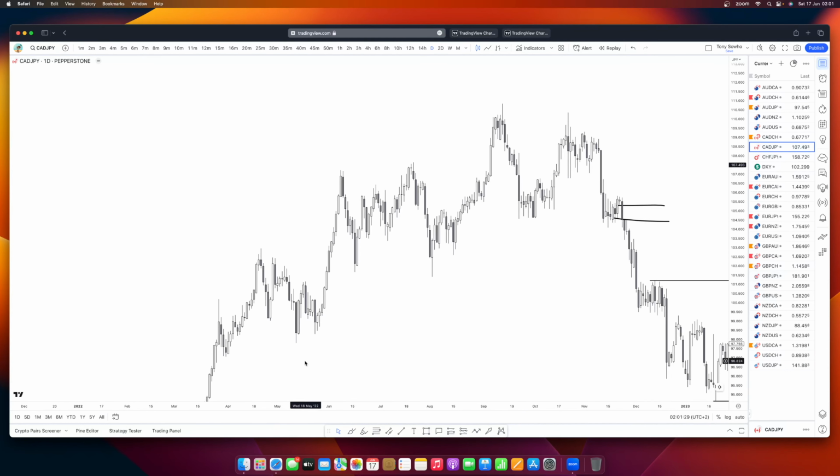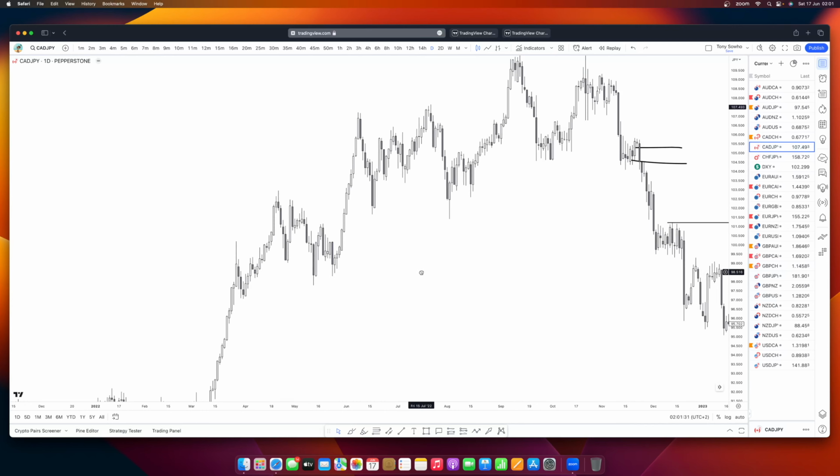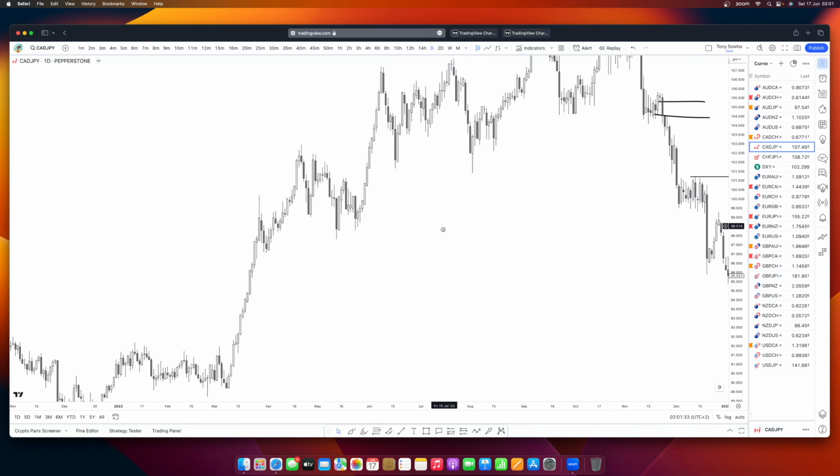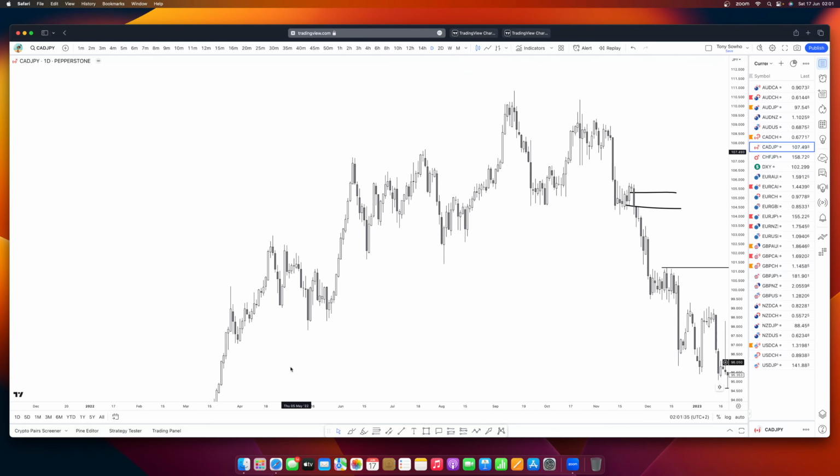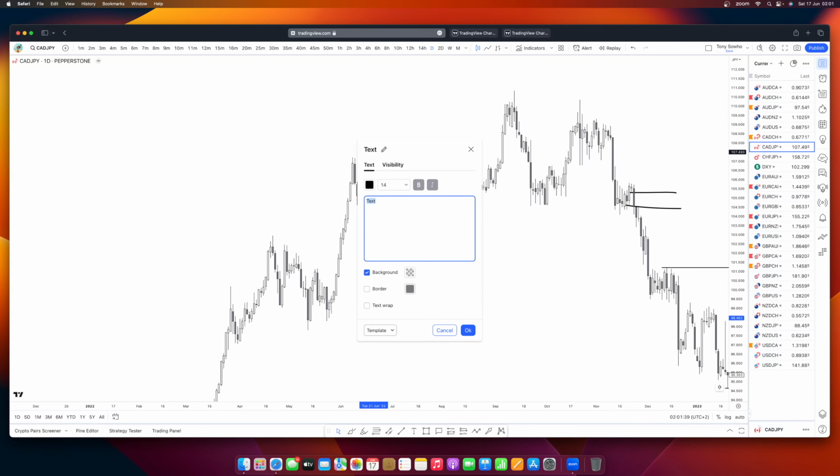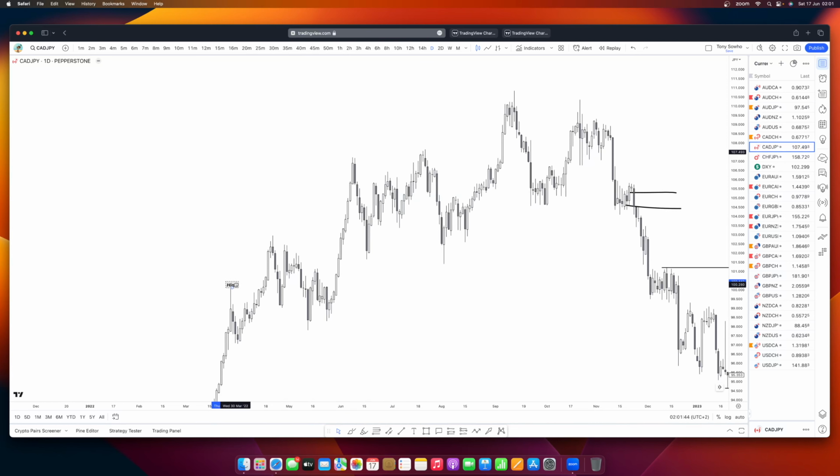So we're just going to use this area here. So we can see we have this as the high, and we have this as the low. This is a very good example I want to use to explain to you.